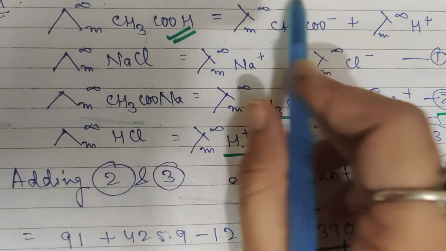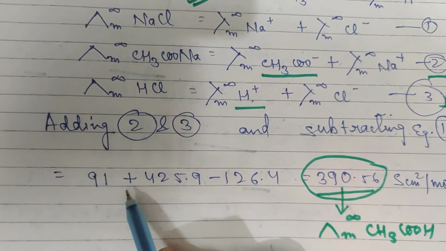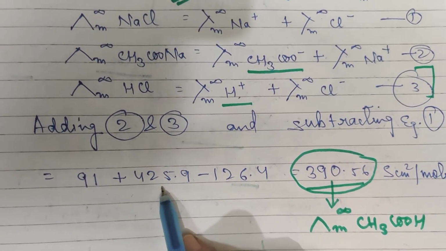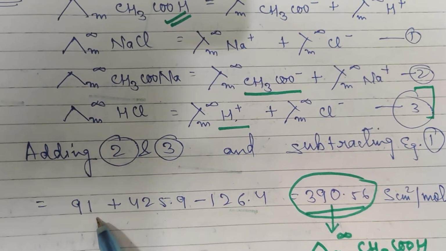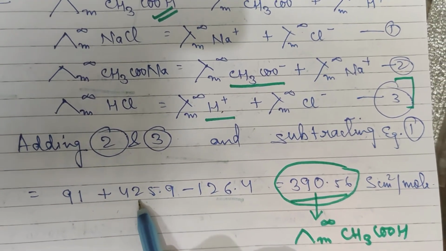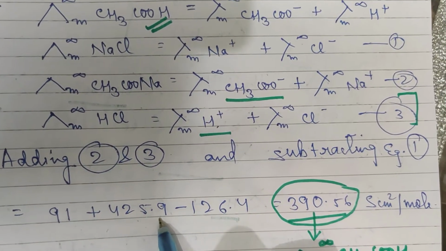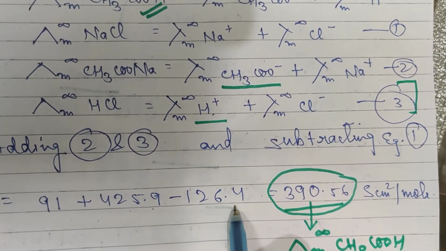Now, instead of substituting the values of the ions again, I have simply substituted the values of molar conductivity given in the question. So, for equation 1, the molar conductivity is 126.5 Siemens centimeter square per mole, for equation 2 it is 425.9 Siemens centimeter square per mole, and for equation 3 it is 91.